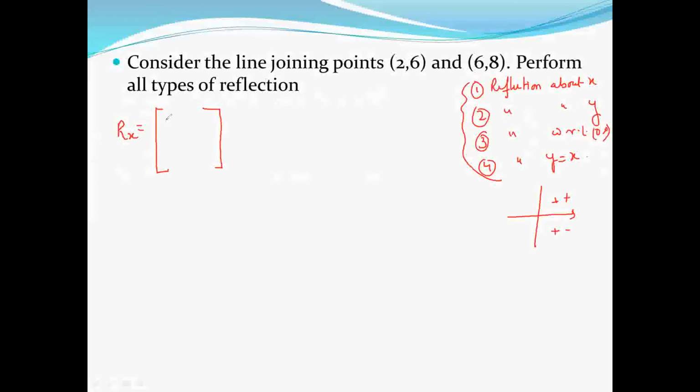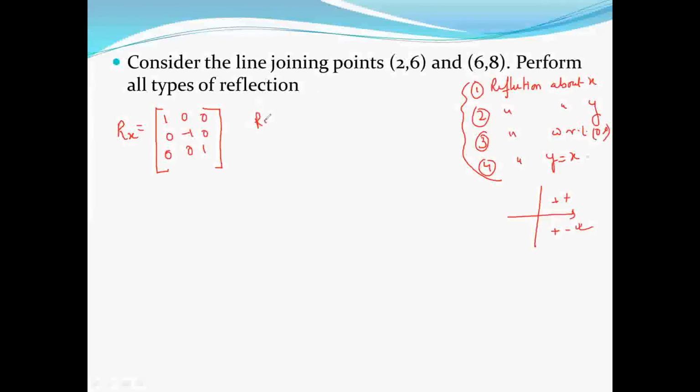So the first row will be 1 0 0. Second is 0 minus 1 0, because I am just multiplying the negative symbol, minus 1, with the y value so that I get the points in this area. Now the last one is 0 0 1.